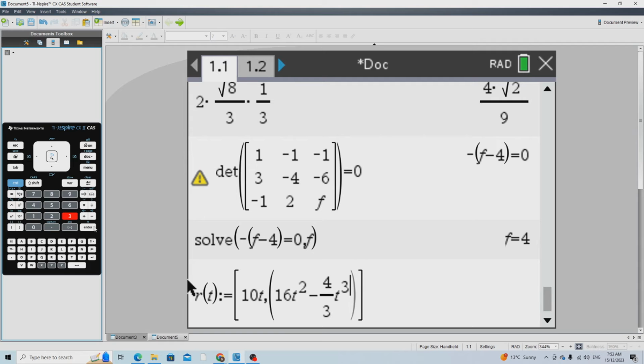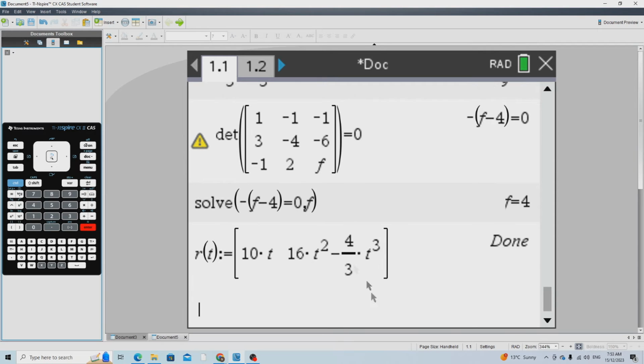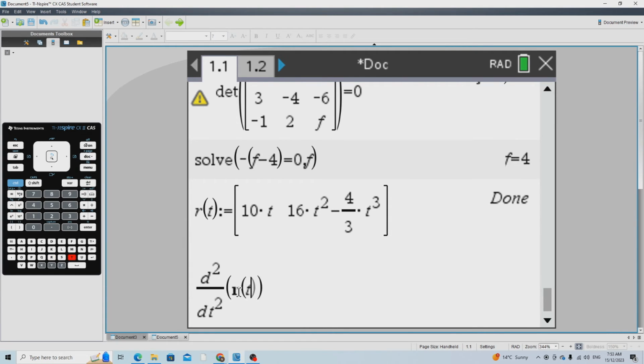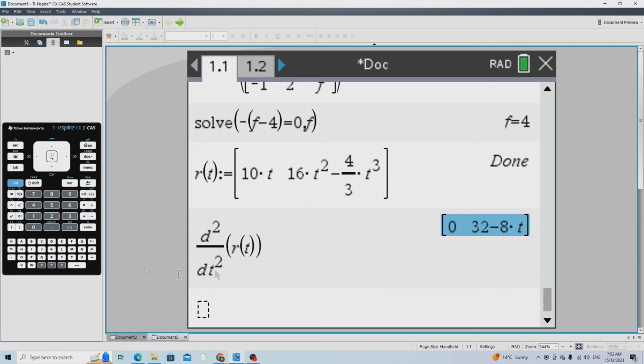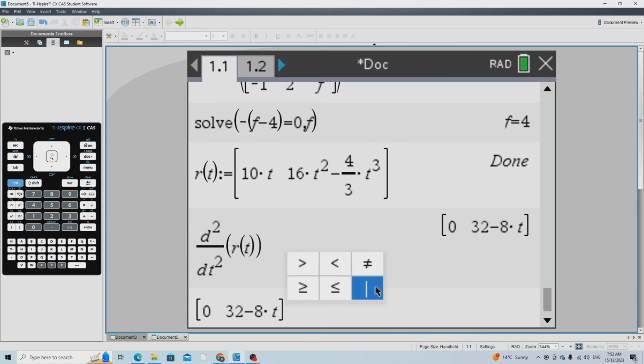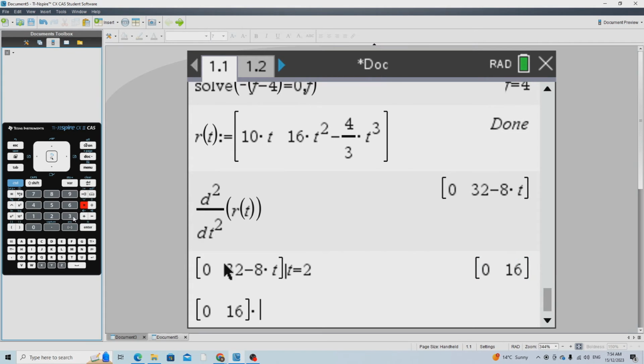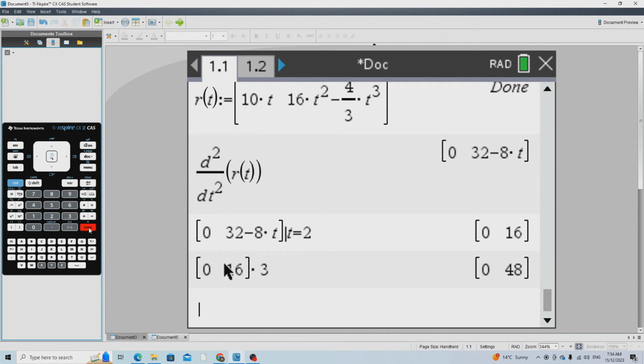Now we find the double derivative to get the acceleration, so we double derive this in terms of t, and we get this over here. Remember, t must equal 2. And here is our acceleration. Multiplying this by mass, times 3, gives me 48J. Remember, this is your I component and this is your J component.